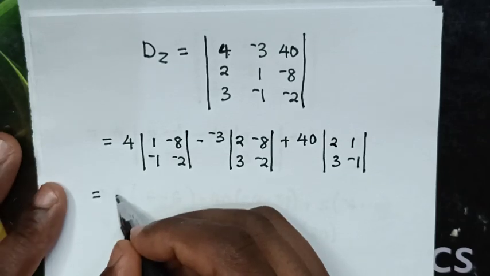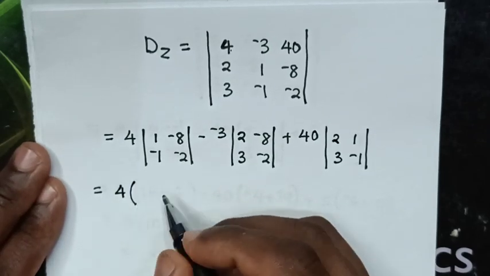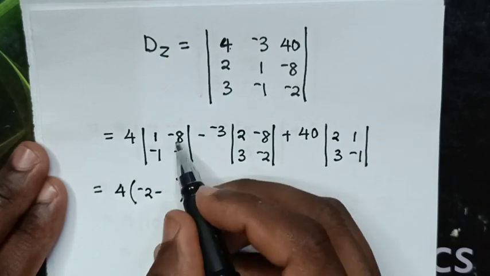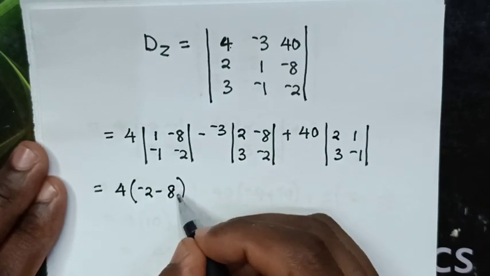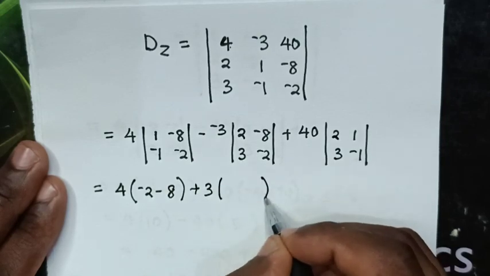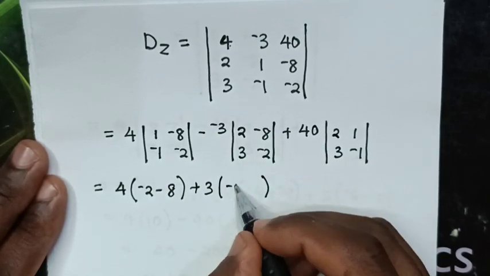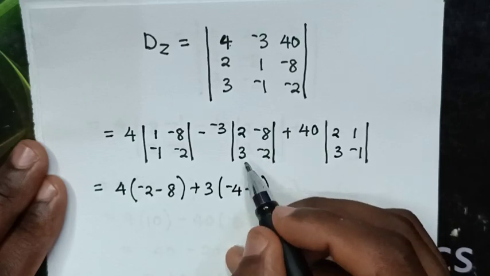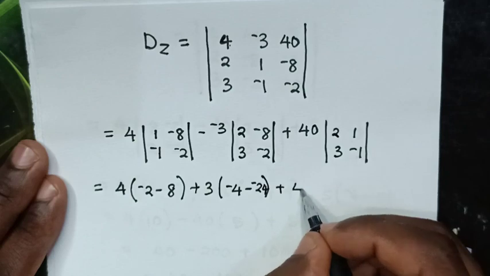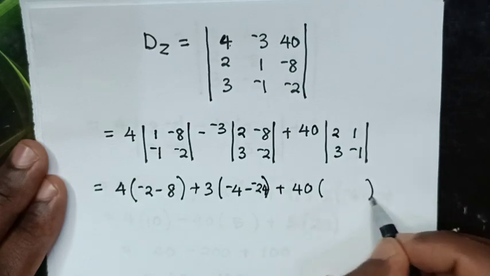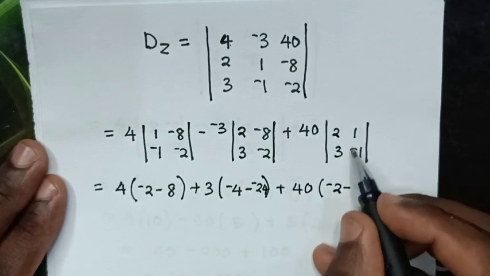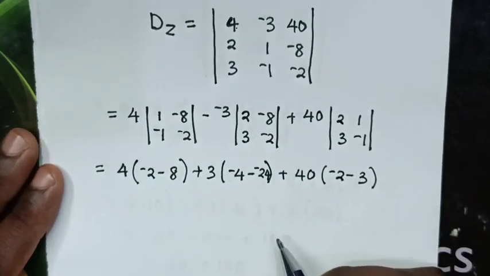Then it will be equal to 4, bracket, 1 times negative 2 is negative 2, minus negative 8 times negative 1 is positive 8. Then negative and negative to be positive 3, bracket, 2 times negative 2 is negative 4, minus negative 8 times 3 is negative 24. Then plus 40, then bracket, 2 times negative 1 is negative 2, minus 1 times 3 is 3.